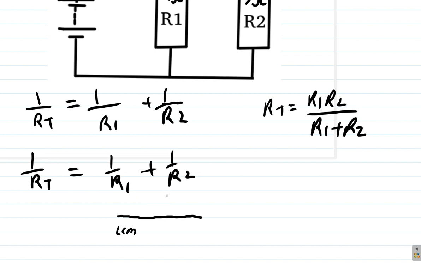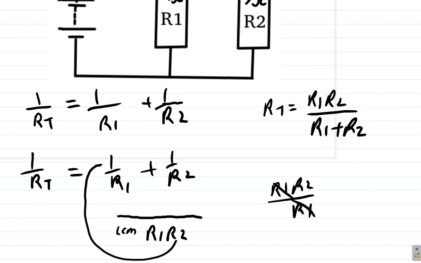The LCM of R1 and R2 will be R1 R2. R1 R2 divided by R1, the R1s cancel and give you R2.